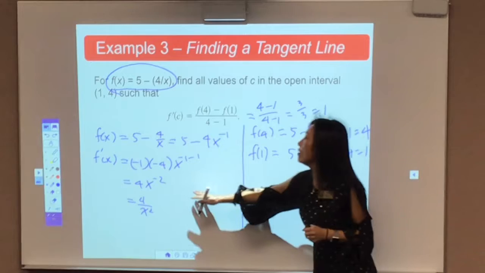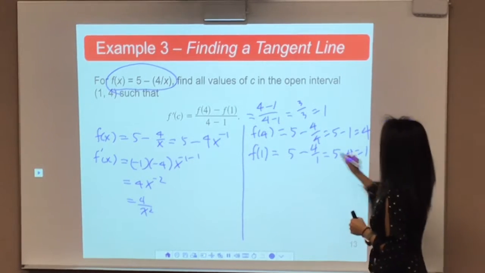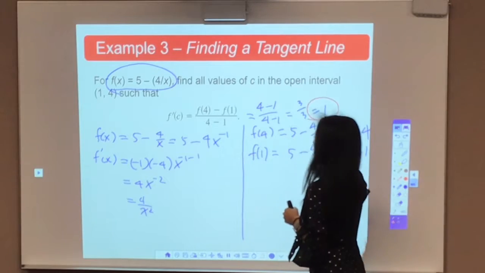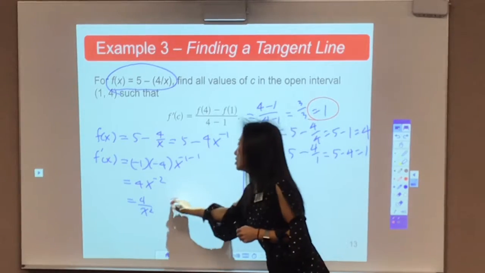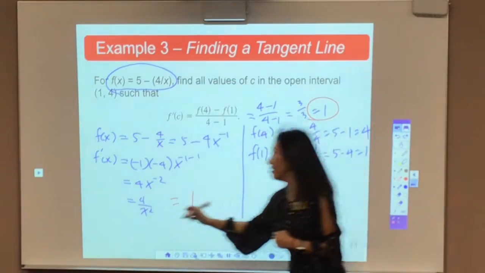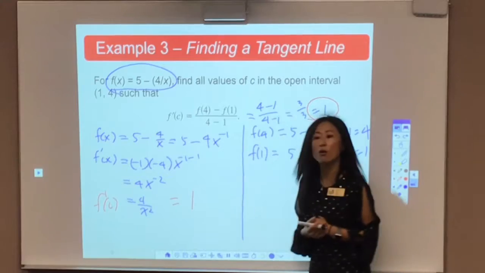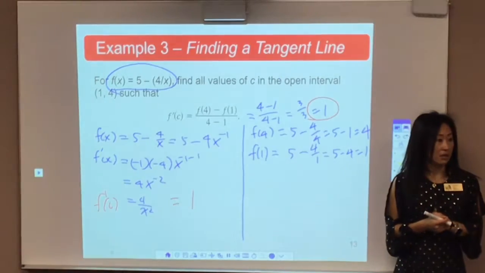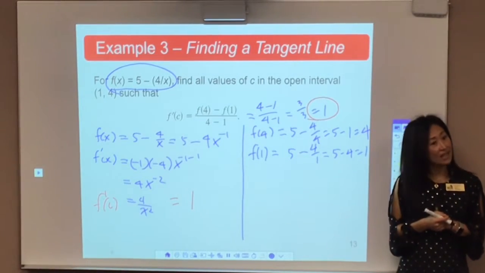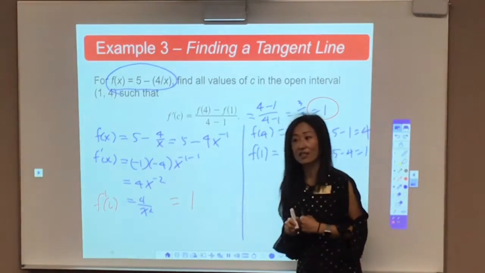All right? So now, because of this, I need to set this equal to which number now? 1. I want my f prime of C to be equal to what? 1. Are you with me, class? I'm finding the specific C that satisfies this condition.